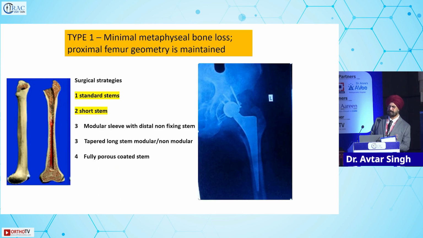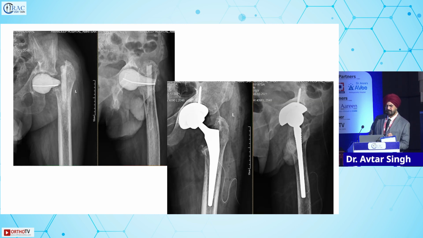So let's talk about different types and different options. Type 1, minimal metaphyseal bone loss. So you can end up using the standard stems, or you can use short stems as well. Rarely you will need tapered fluted long stems. Couple of examples: infected situation, 2-stage revision, primary stem.